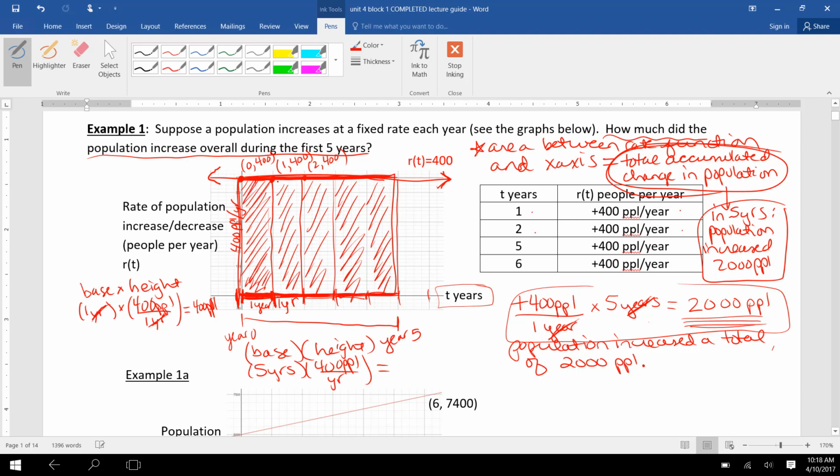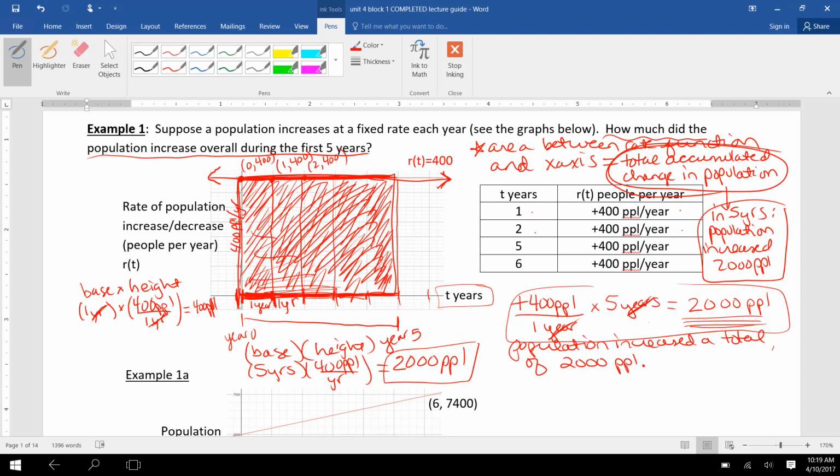So the area of this big rectangle, the area between the rate function and the x-axis, is 2,000 people.